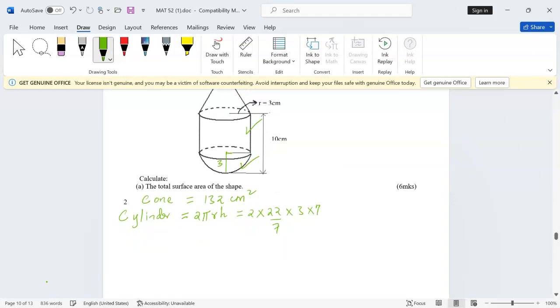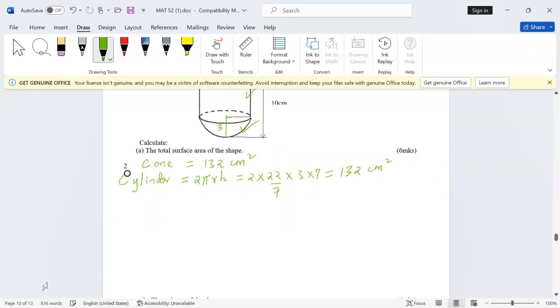Now we can compute this and have 132 square centimeters.